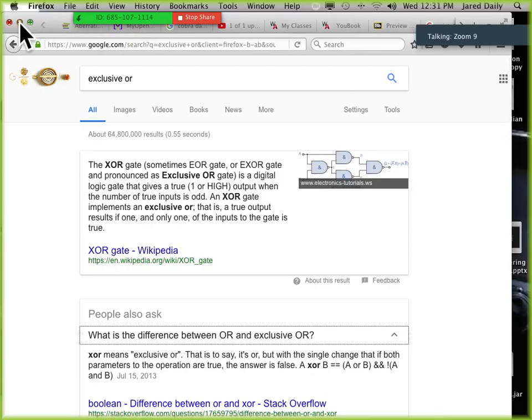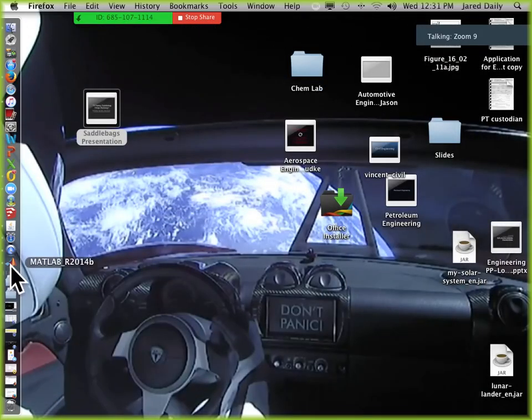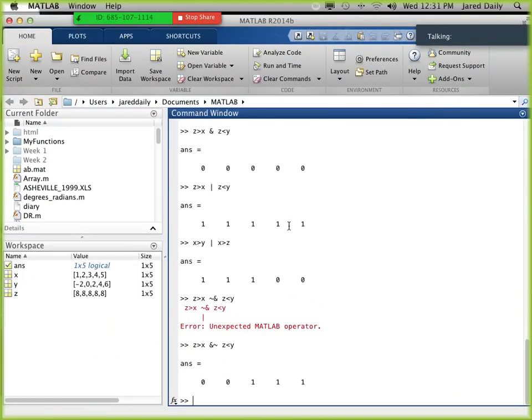But let's go back to this and look at an example of it in MATLAB. So the exclusive OR, which is shown as XOR, just spelled out. So you might have this: x greater than z XOR z less than y.